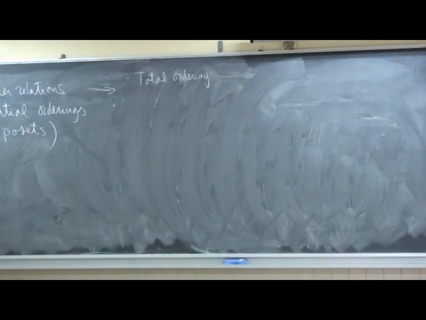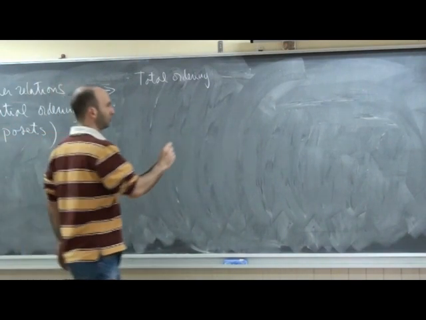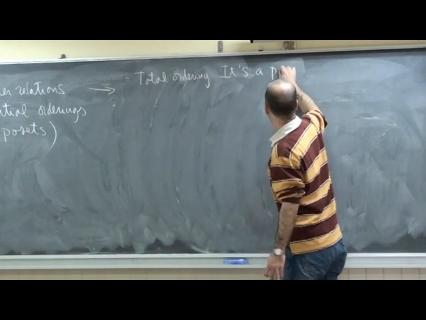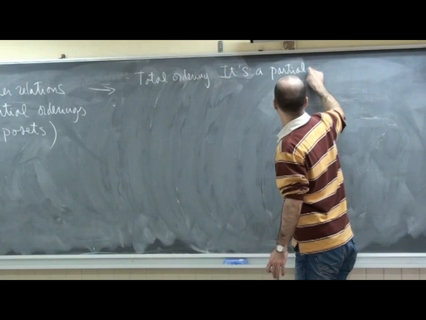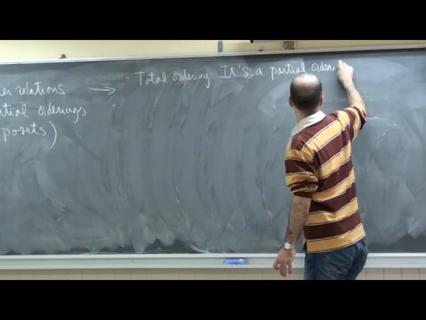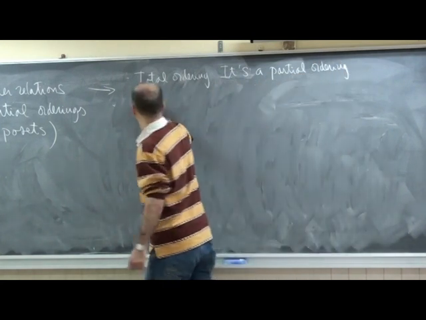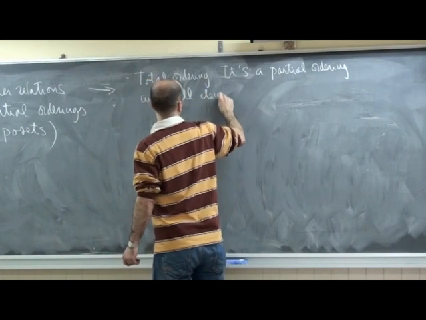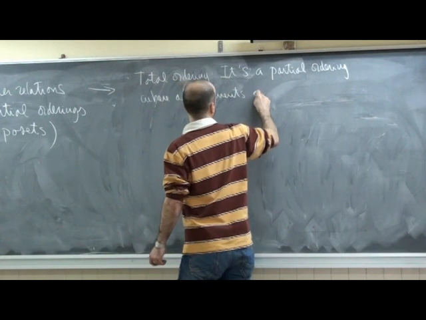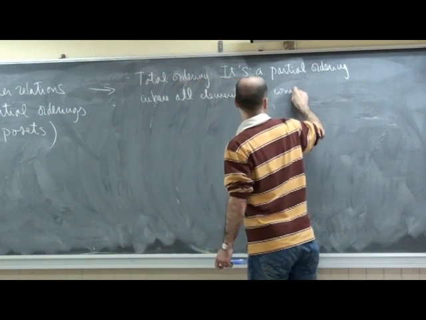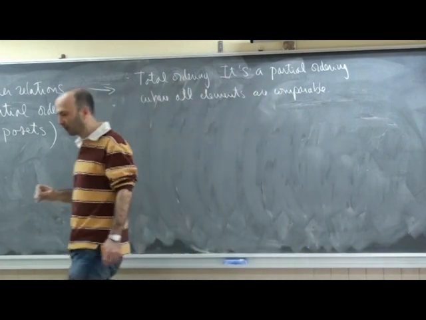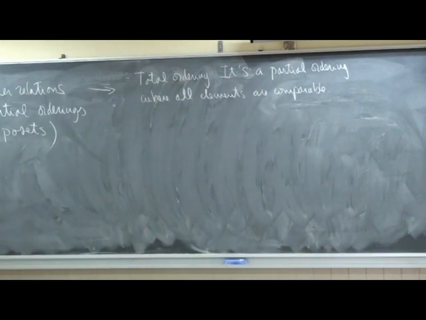So total ordering, what's that? It's a partial ordering where all elements are comparable.